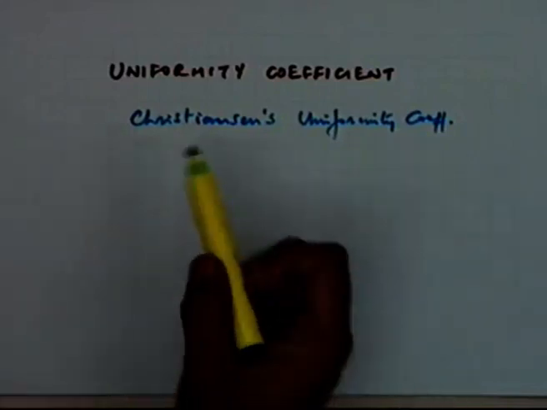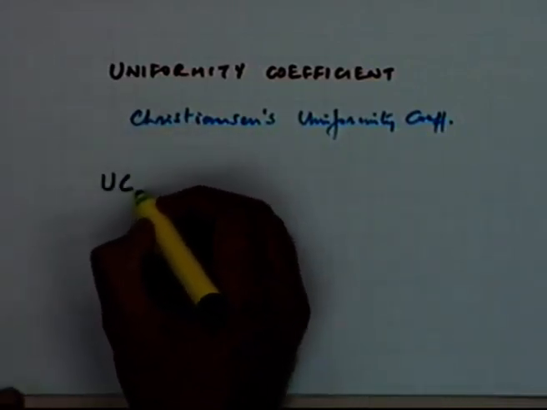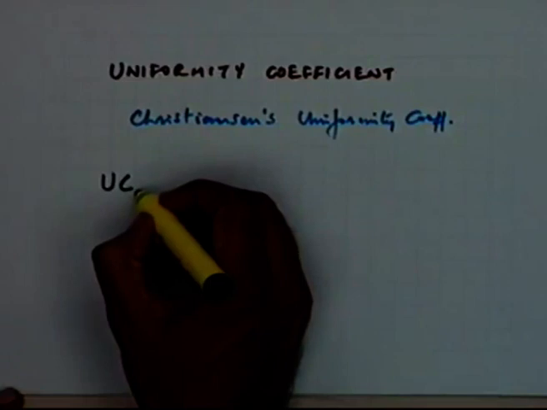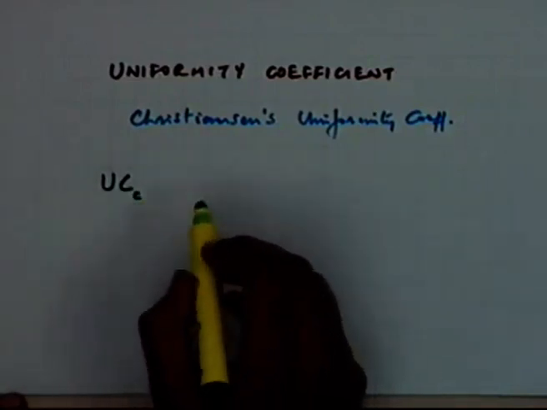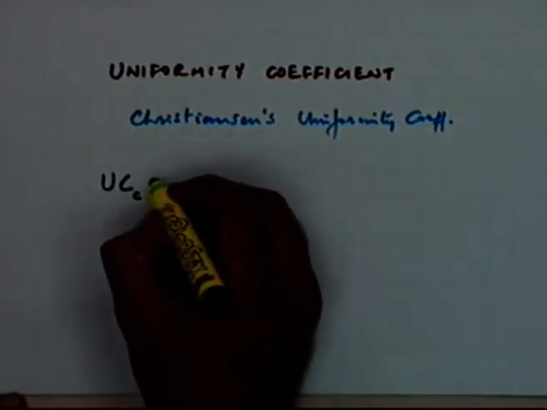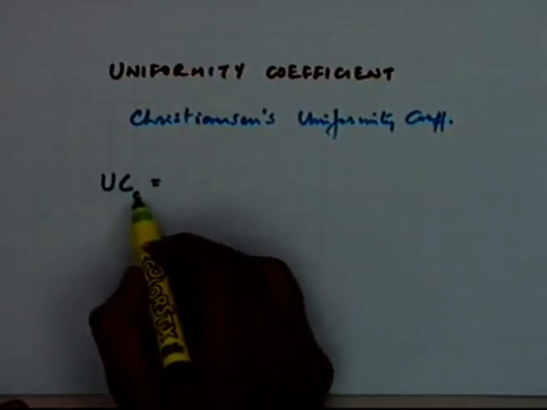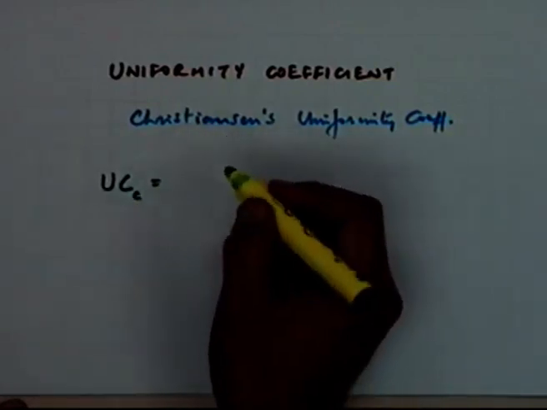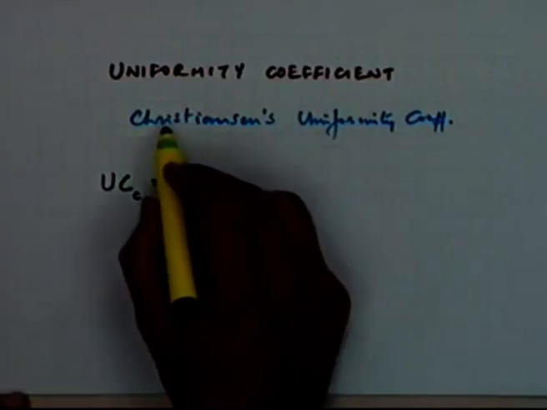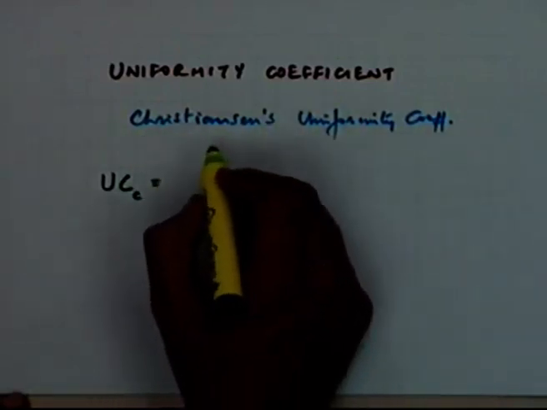This uniformity coefficient is expressed, let me say UCC, which more often we'll use UC only. This is to designate the one given by Christensen.